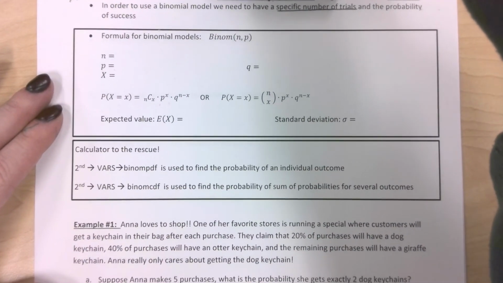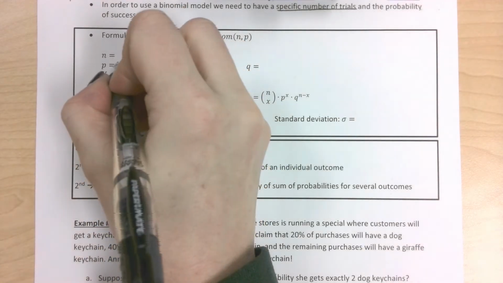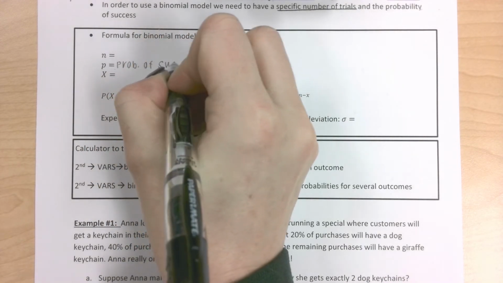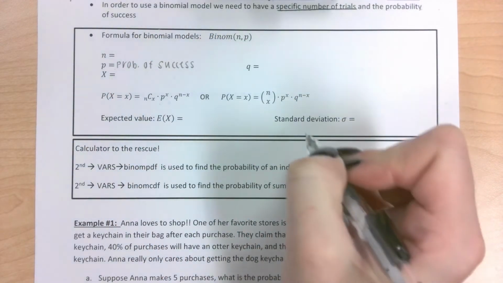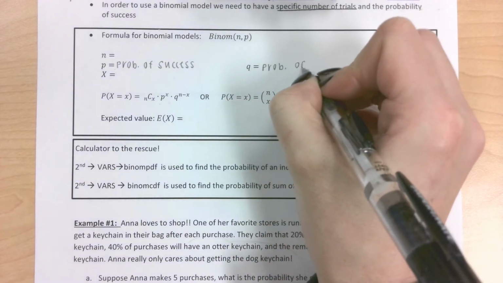So first up, we'll look at some notation again. Okay, many of these are going to be the same as we saw for geometric. So let's start with the ones that we know are the same. P is still representing the probability of success. Q is the probability of failure.